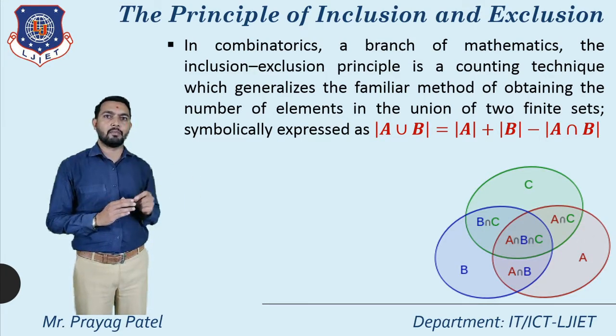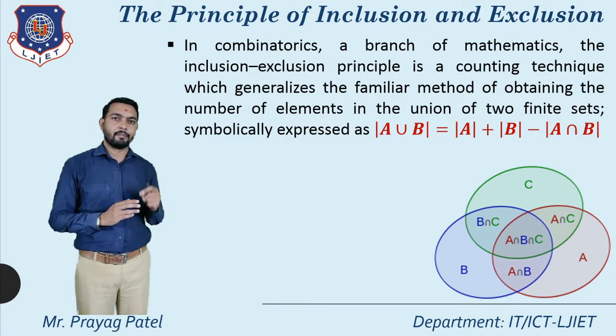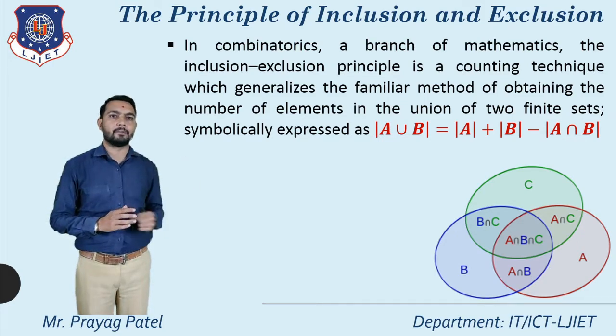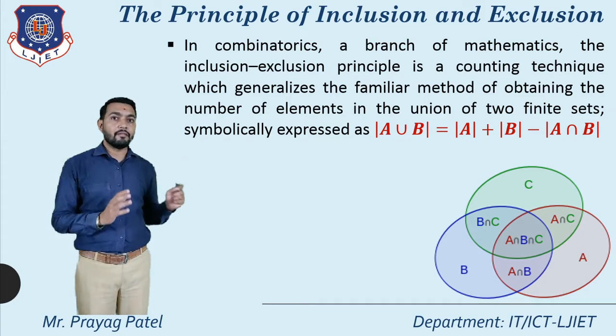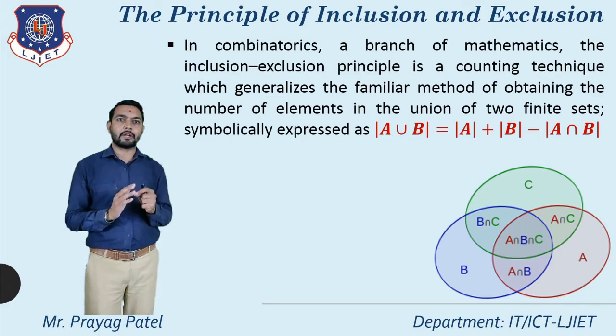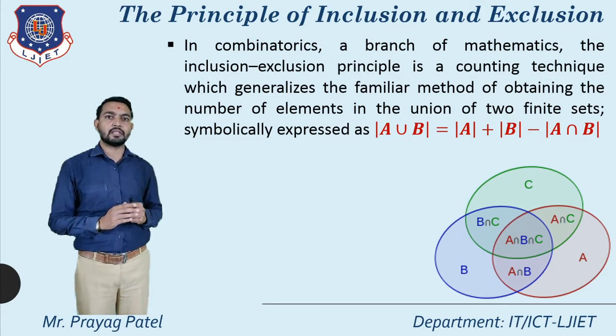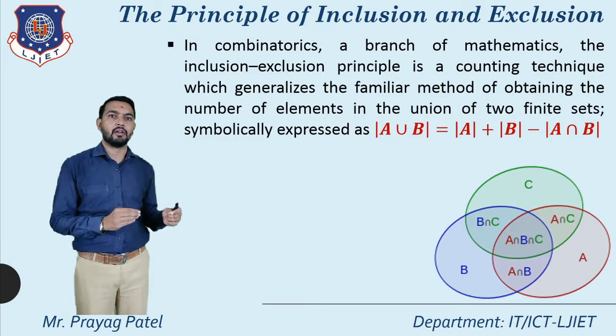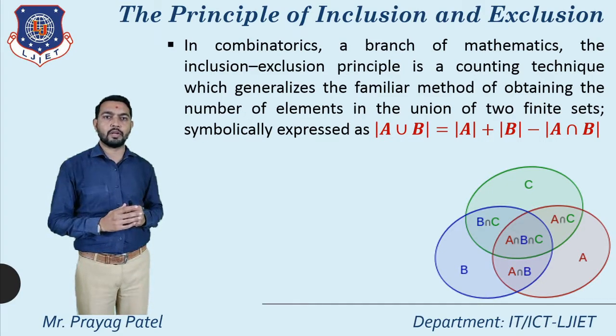So |A ∪ B|, the number of elements in A union B, equals the number of elements in A plus the number of elements in B. When we add these, some elements are repeated, because if one element is common to A and B, it is counted two times.